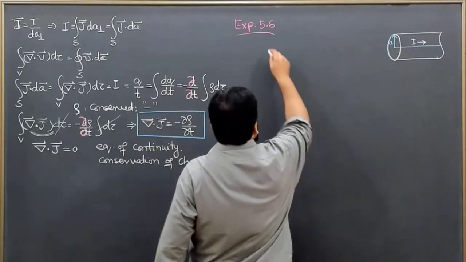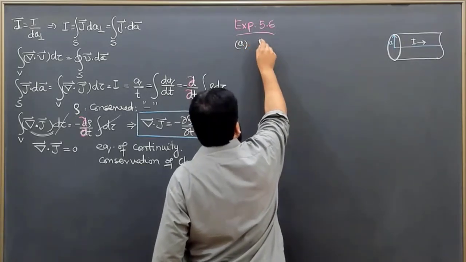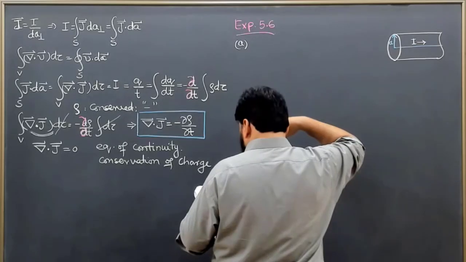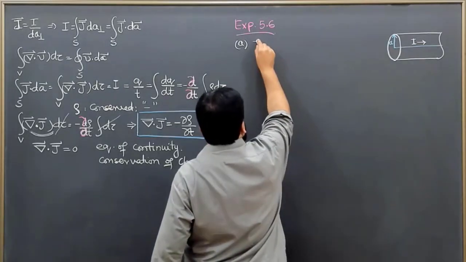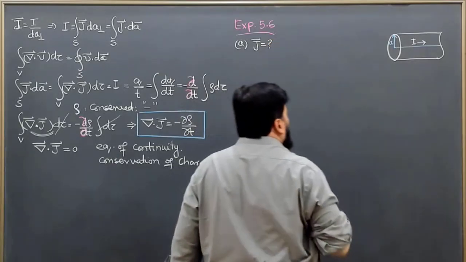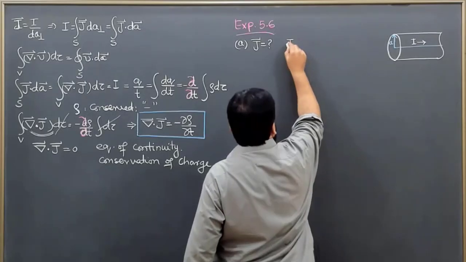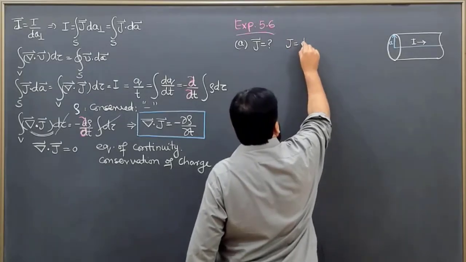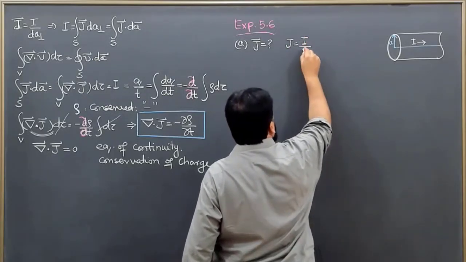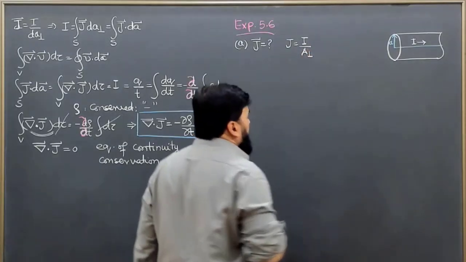Now in part A we are to calculate the current density here, which is J, and we know by definition that J is equal to current per unit area, and that area is perpendicular.